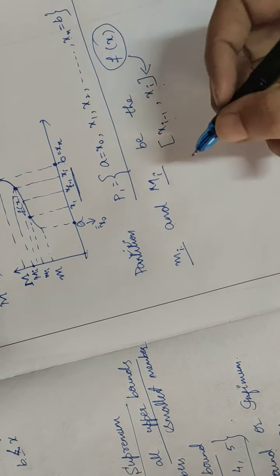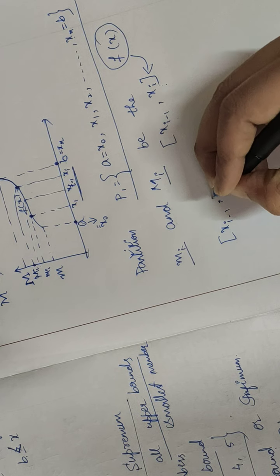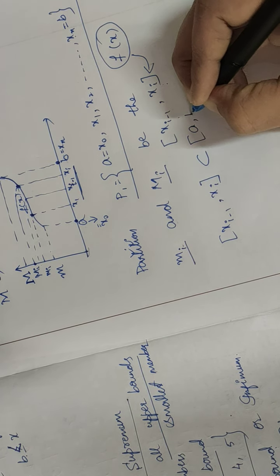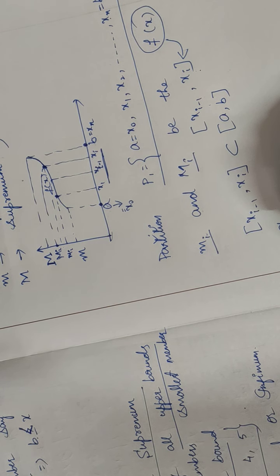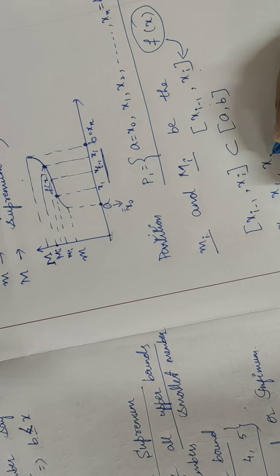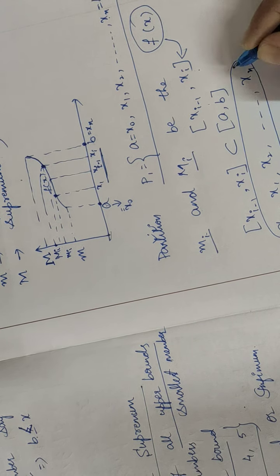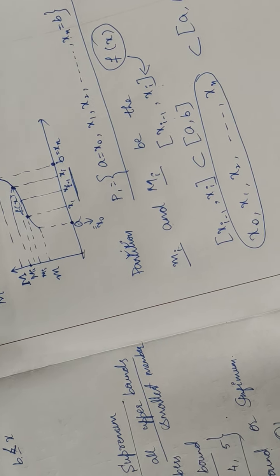So now from this I can say that the interval xi minus 1 comma xi is a subset of the closed interval a comma b. That means all my points x0, x1, x2, so on up to xn, are contained in my closed interval a comma b.